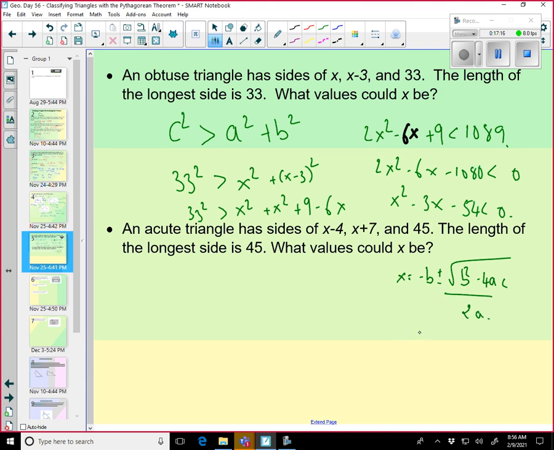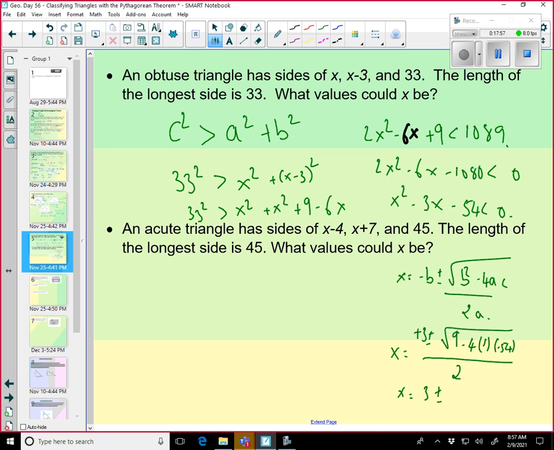Let's simplify this. So negative b will be plus 3, plus or minus square root of b square, negative 3 whole square is 9, minus 4 times a, which is 1, and c is negative 54, divided by 2a, which is nothing but 2. So x equals 3 plus or minus the square root of b square minus 4ac.